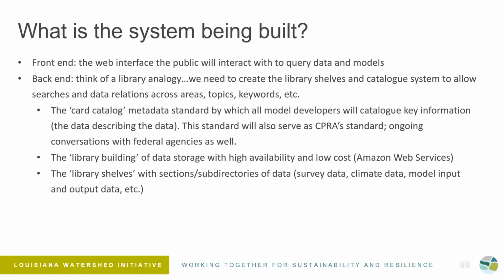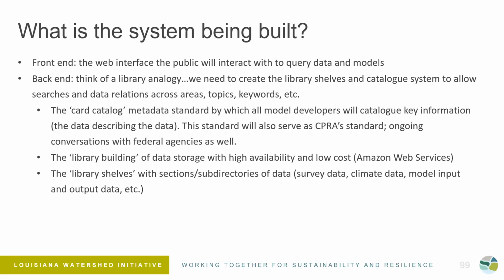And it starts with, we have to create the library, the shelves, the card catalog system to find the books organized on the shelves in some fashion. And that has two components, which really are software development type components. The front end being, whether it's a technical user, like we just heard from David, there are different levels of users.